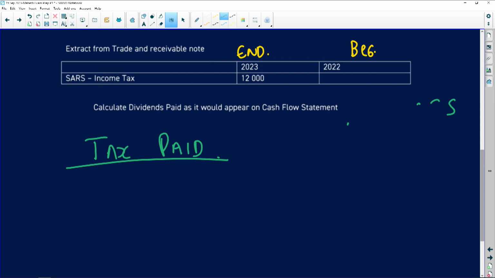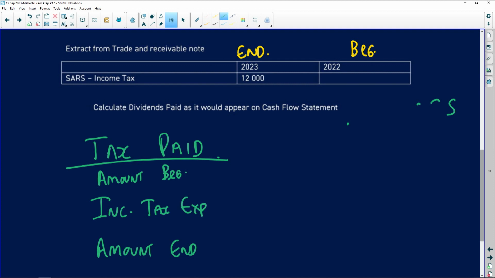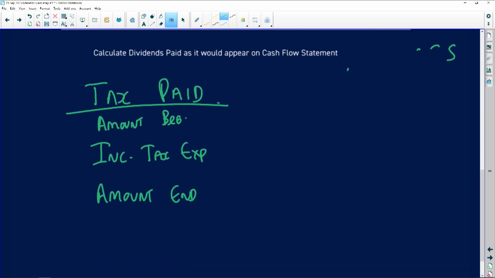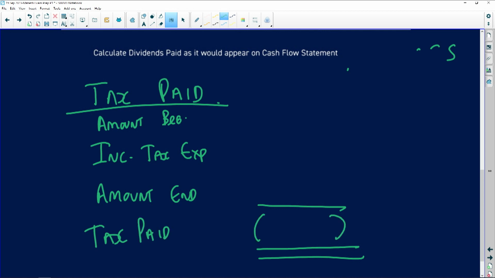Okay, so taxation paid, you're going to start off with the amount that is owing at the beginning of the year, so balance at the beginning of the year, as well as the amount at the end of the year, right? And in between, what was your income tax that was recorded in the income statement, what was the expense? Okay, right, so very similar to dividends. So that would then give us the tax that was paid, physically left our bank account for the year.